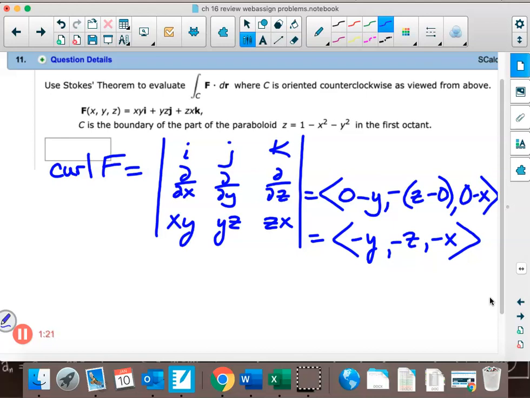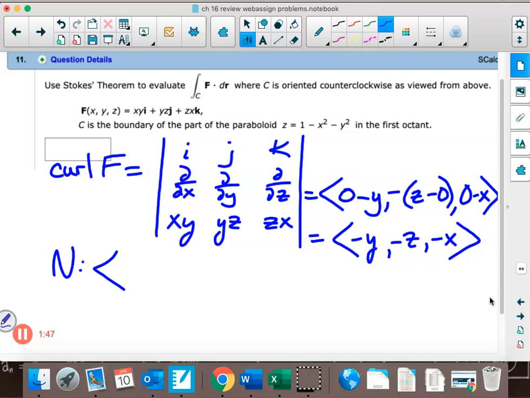Okay, did you all match the curl? Your N is the gradient of the vector if you were to write it normal.